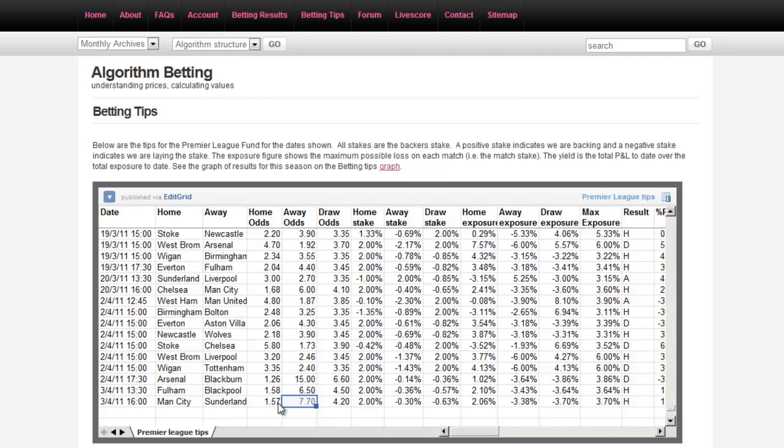The odds shouldn't really move too much anyway, but the quicker that you come to the site and place your bets, the better chance that the odds won't have moved.